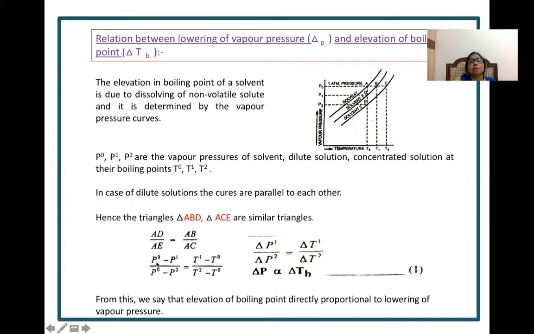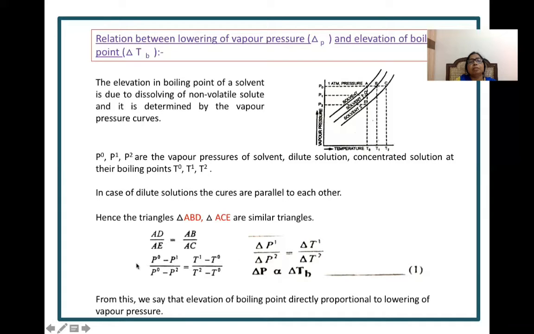So P0 minus P1 divided by P0 minus P2 is equal to T1 minus T0 divided by T2 minus T0.